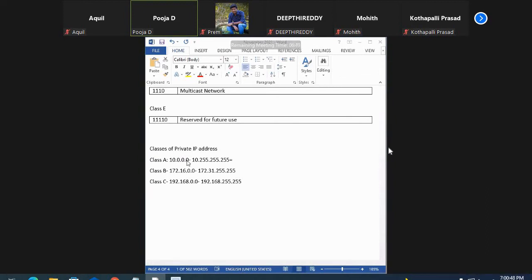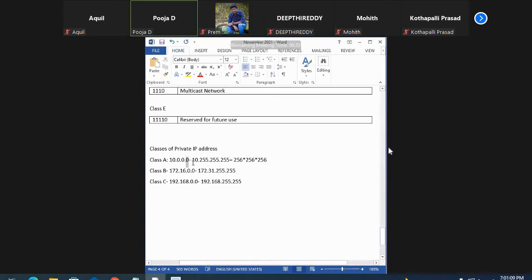As we know, it is starting from 0 to 255, so how many IP addresses will be there? 256, right? So how many IP addresses can you configure in the class A range? 256 into 256 into 256. Why?